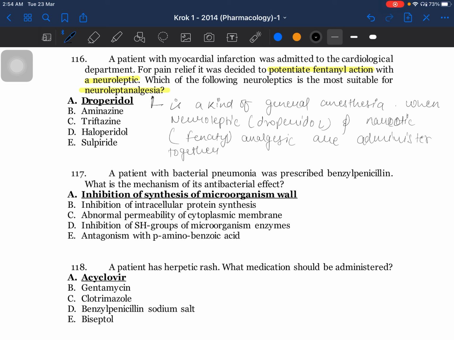They basically produce a synergic action.